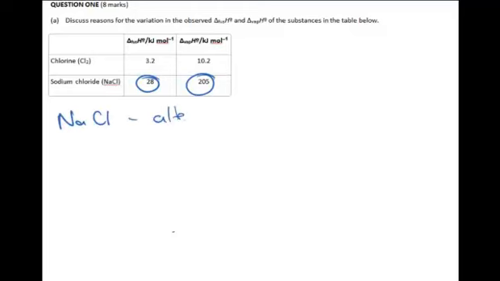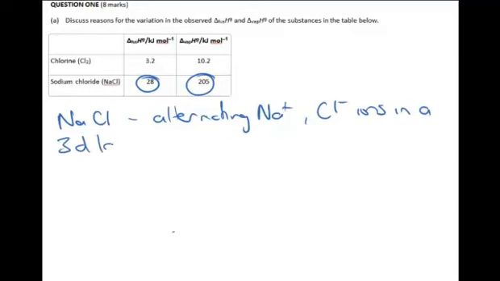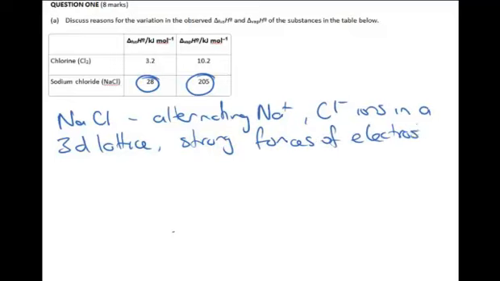It's got alternating sodium and chloride ions in a 3D lattice, and it's held together by strong forces of electrostatic attraction.